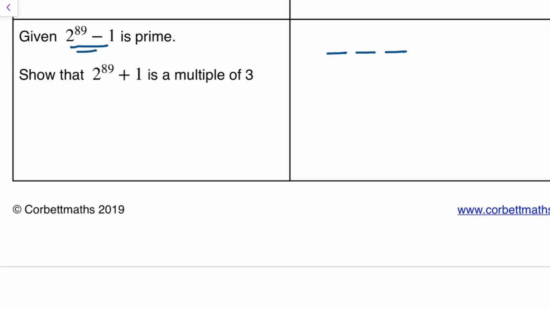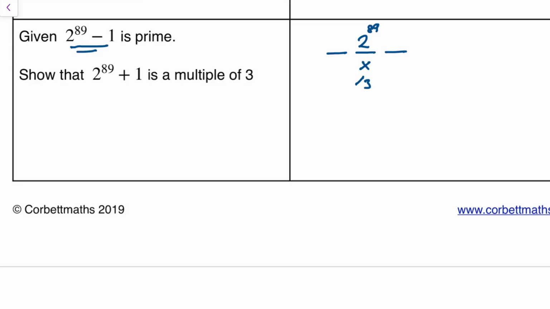Not this sort of question, but it's about understanding what a multiple of 3 is. If I have 3 consecutive numbers, it doesn't matter where those numbers are, it must be the case that one of those numbers is divisible by 3. Now, I know that 2 to the 89 is divisible by 2 and not divisible by 3. Can't be, because it's all 2s as prime factors.